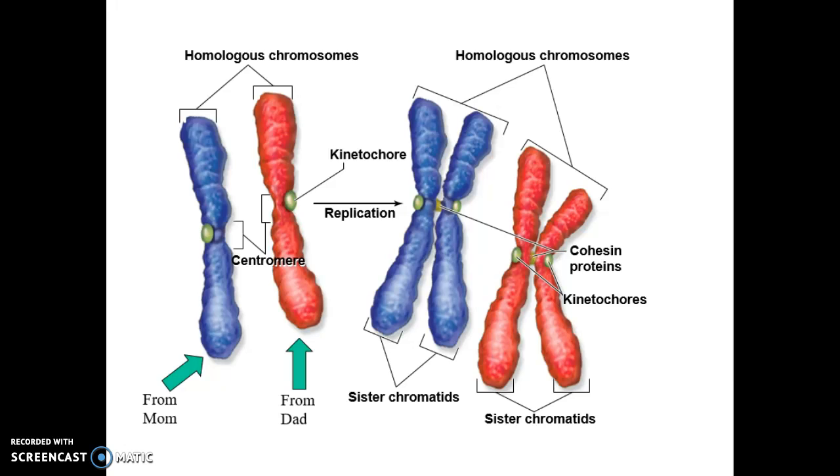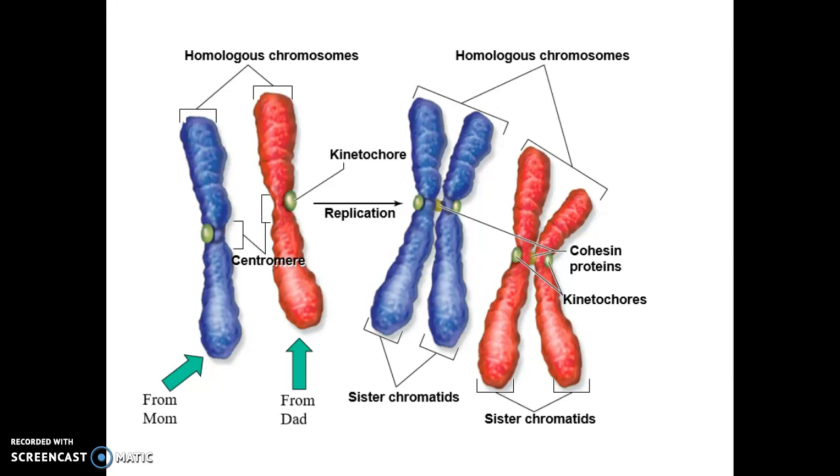This is an anchor point for spindle fibers during cell division. So we'll get into that as we move through the process of cell division. So the chromosome on the left from mom should be identical to the chromosome on the right from dad, or should be fairly close, and we'll call them homologous chromosomes.